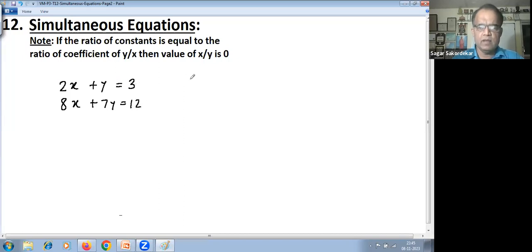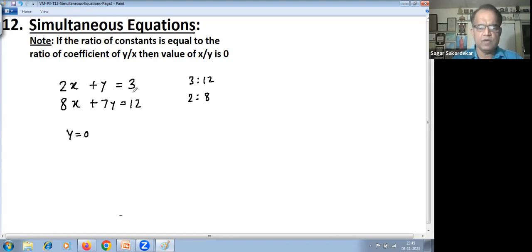Now see here, 3 is to 12. 3 fours are 12, so 1 is to 4. And if you take the coefficient of x, 2 is to 8. Again, 2 fours are 8. So 1 is to 4. So both ratios are the same, the ratio of constants and the ratio of coefficient of x. So here y is equal to 0.